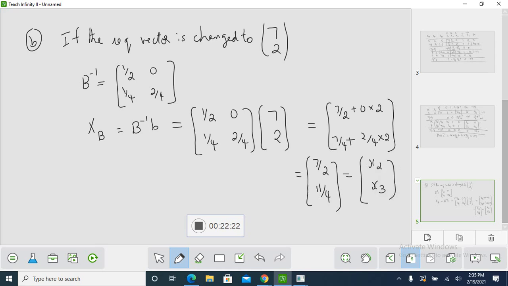Now look at this answer. All our x2 and x3 are greater than 0, and x1 is not there, so it is 0. Since all are positive, we don't have to worry, and the current solution is a feasible solution. Therefore, our solution remains feasible.